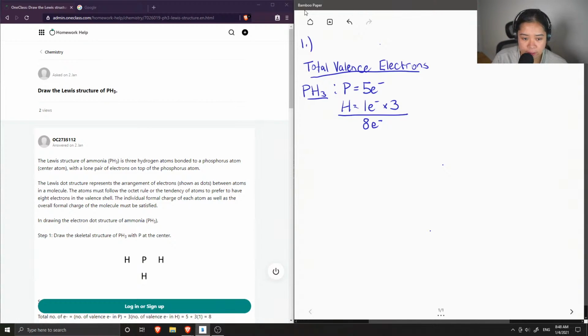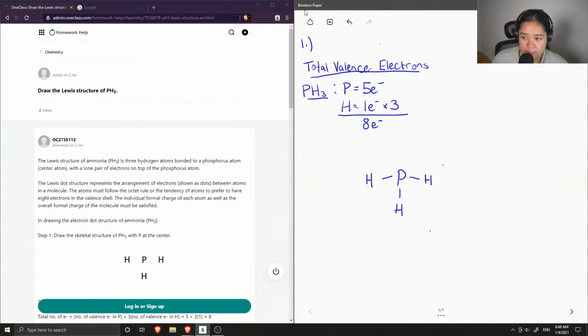So now I want to draw out my central atom, which is the phosphorus. And all around it, I'm going to draw out the terminal atoms, which are the hydrogens. So I'm just going to draw a single bond to all of the hydrogens. And now hydrogen is content because it only has that 1 electron to share. It doesn't need any more lone pairs.